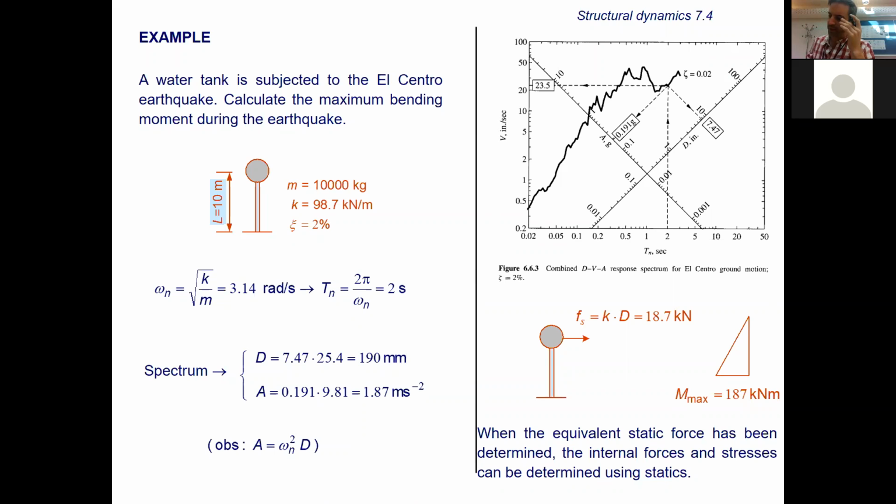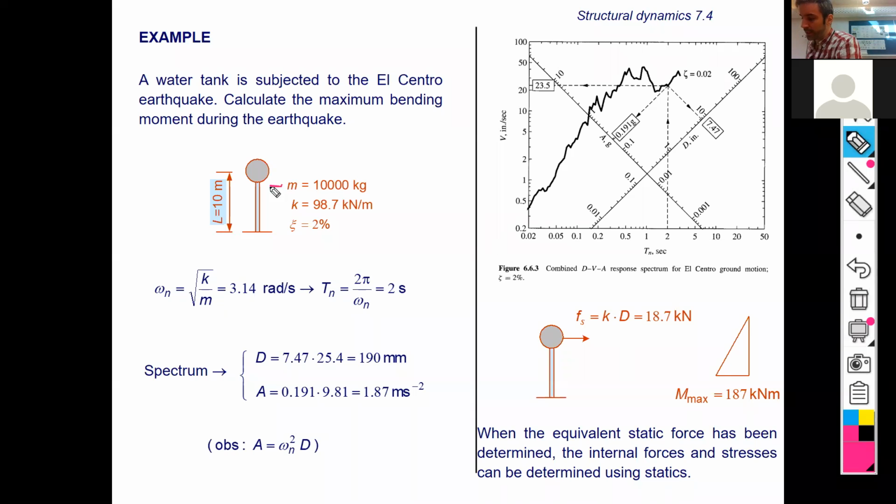Well, here we have a simple example, again, of a very simple structure with some quantities: a mass, a stiffness, and a damping ratio.